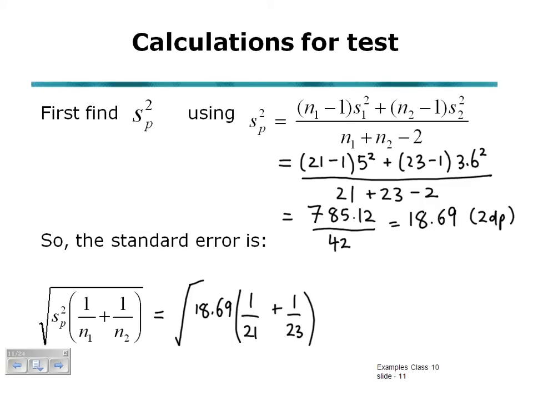Using Excel to make the calculation easier, do 1 over 21 plus 1 over 23 first before multiplying. This gives us 1.7029 square rooted, and the standard error comes out as 1.305.